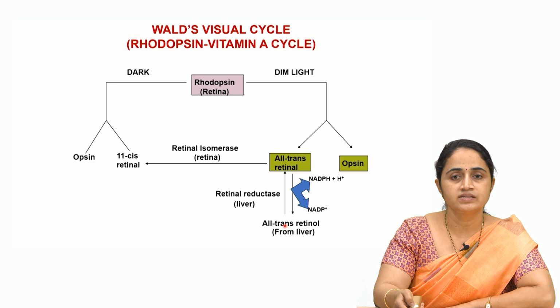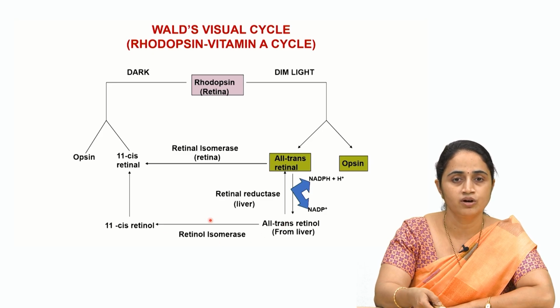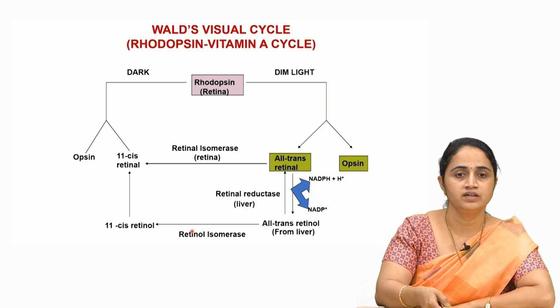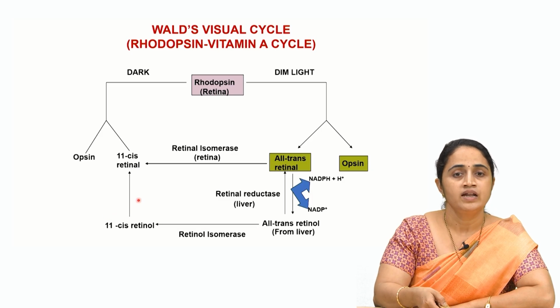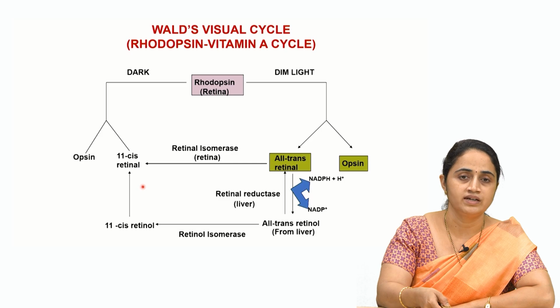Now, this all trans retinol is converted to 11-cis retinol. Both are the alcohol form. By the retinol isomerase, all trans retinol is converted into 11-cis retinol. Now, this 11-cis retinol is converted to 11-cis retinal.